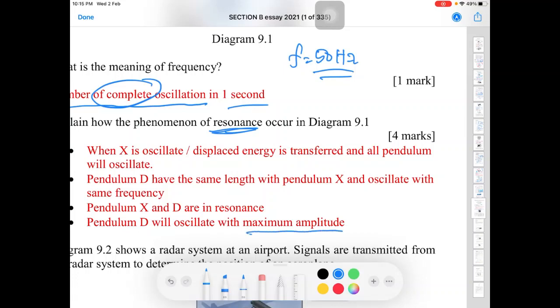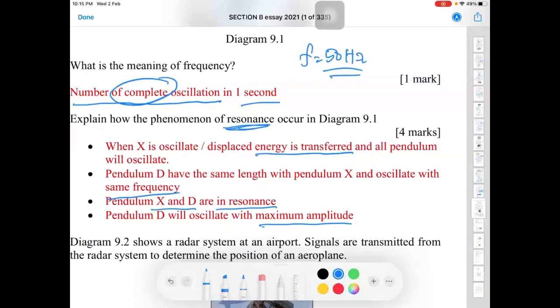So kalau kita nampak ada maximum amplitude in resonant, okay, dah kita akan dapat same frequency. You dapat mark lah. Dan ini energy is transferred. Jangan kata sound transferred ke apa, dia mesti energy is transferred. Sebab kalau ada something oscillating, dia akan transfer energy to the medium. Alright. Okay. So kita pergi ke next one.